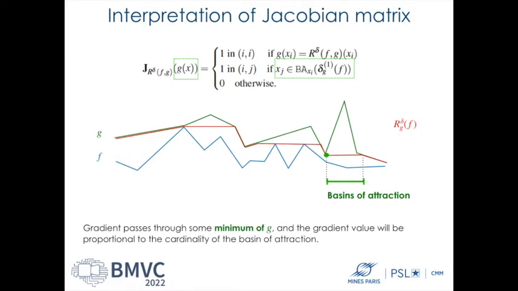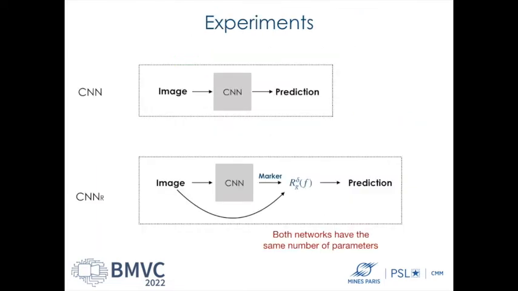To explain the interest of using this layer in a classical deep learning framework, we compare two convolutional neural networks, with the difference that the second one, our proposition, uses a morphological reconstruction layer at the end.